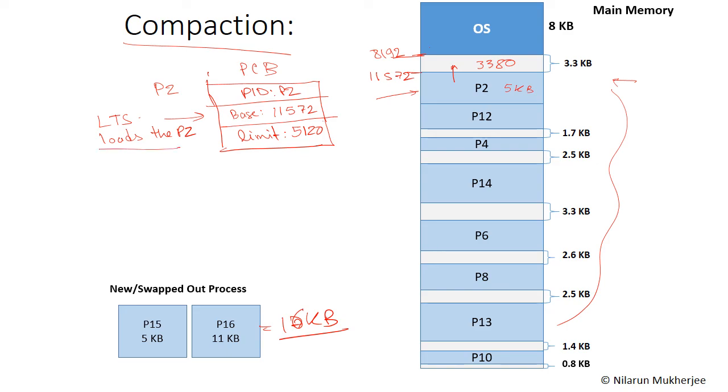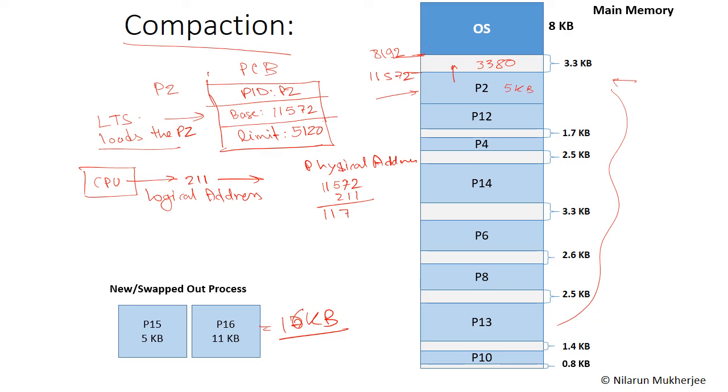Now suppose P2 was executing in the CPU and generated a logical address 211. How is it mapped to a physical address? We add 11572 with 211 to get 11783, which will be somewhere here. We will access the data.